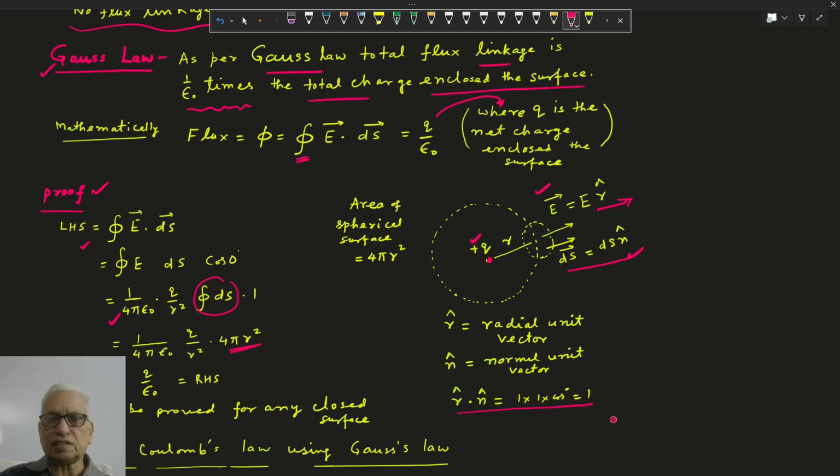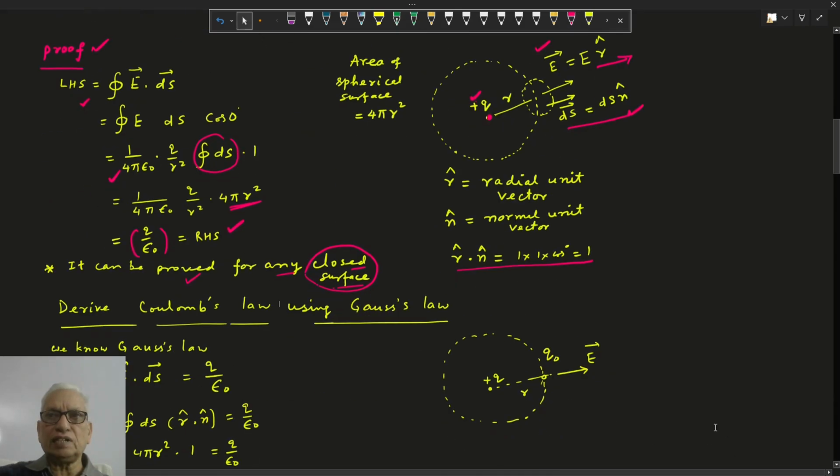The 4 pi r square cancels out, so what remains here is q upon epsilon naught, which is the RHS. This way Gauss theorem is proved here. It is true for any closed surface, whether it is spherical or any hodgepodge or zigzag shape, but it must be closed. If it is not closed, Gauss theorem cannot be applied.